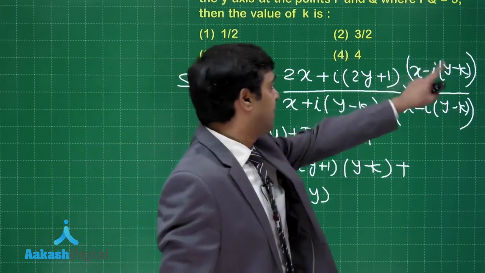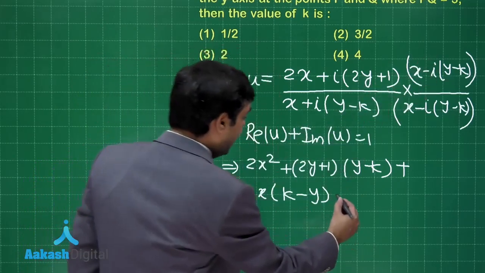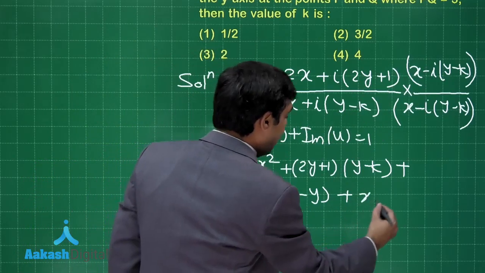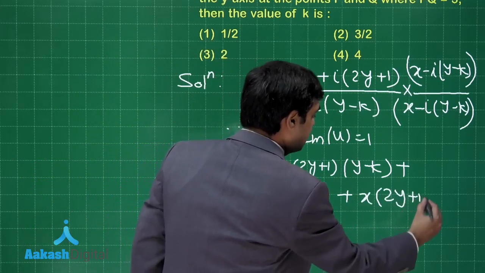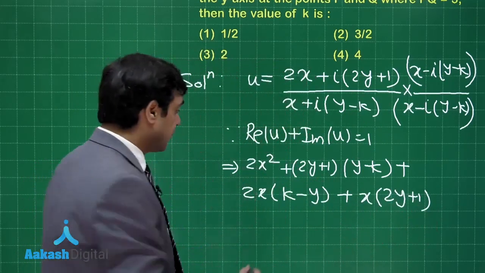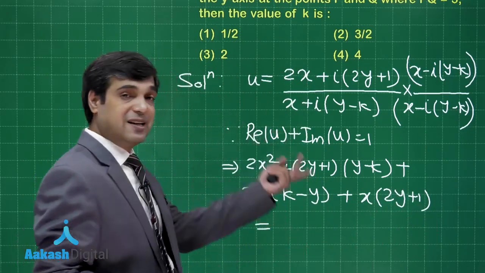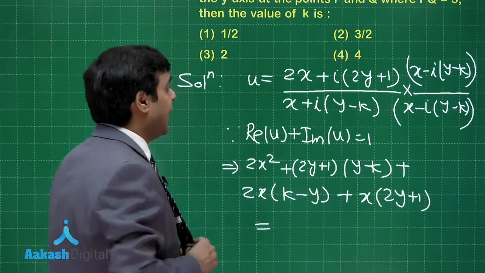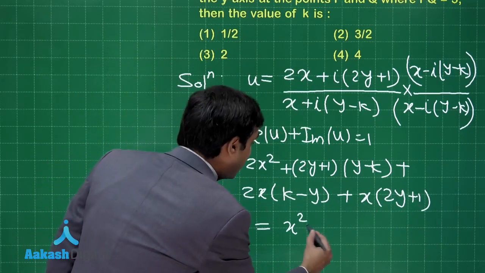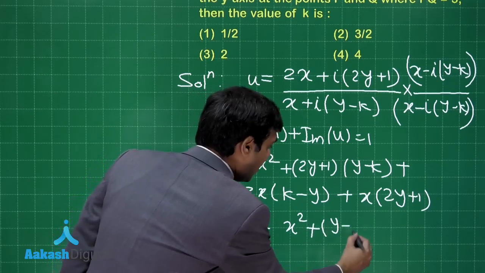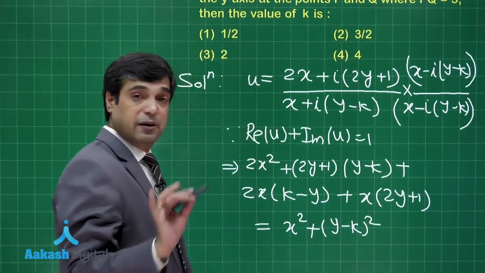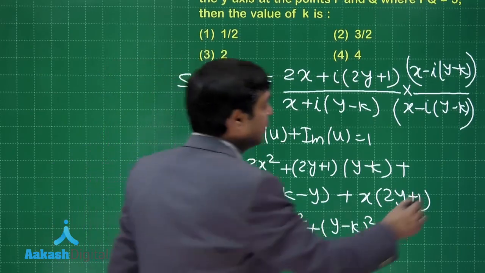I have taken this minus sign inside. And then next is x multiplied with (2y plus 1), right? The denominator is taken to the other side because it is equal to 1, and the denominator is simply x square plus (y minus k) whole square. Points are clear till this point? Alright.